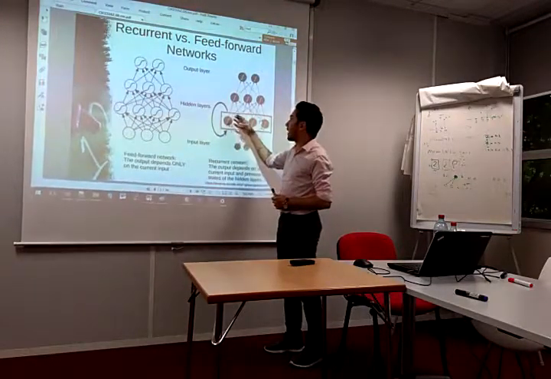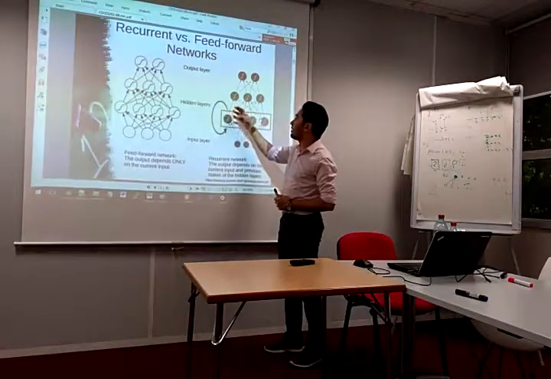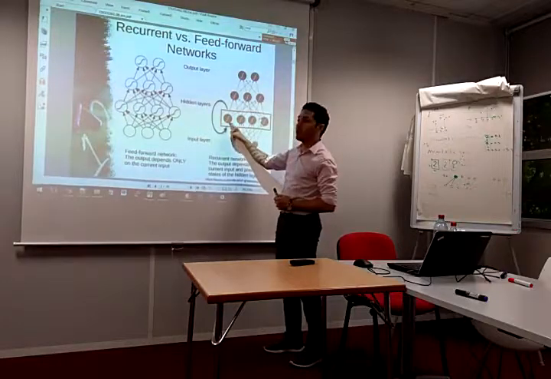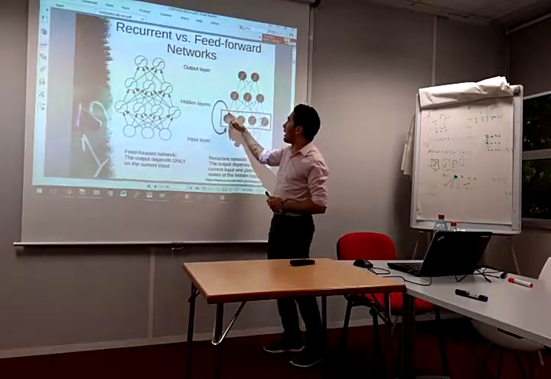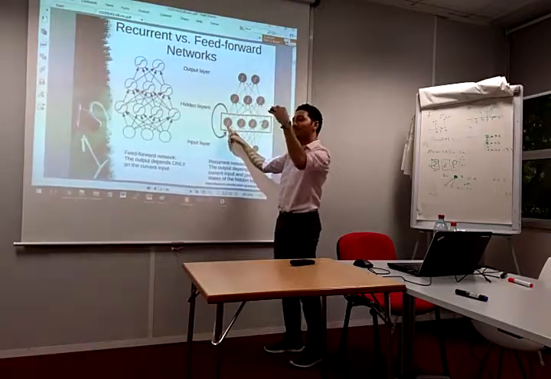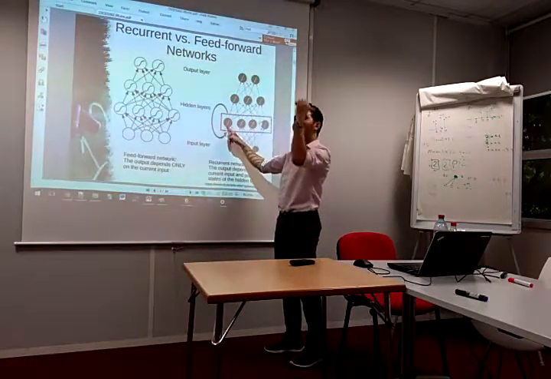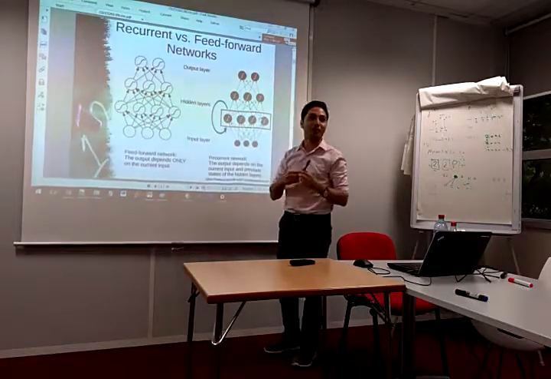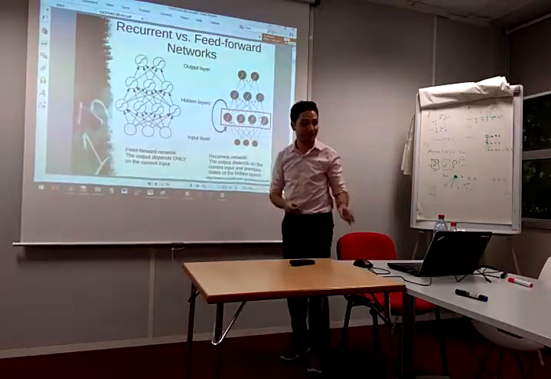And the output of the next time step will be a function of the current input plus the output of itself during the previous time step, which was also a function of the previous time step. So each output here will be a function of all the history. Okay?